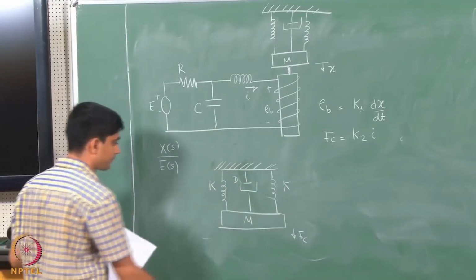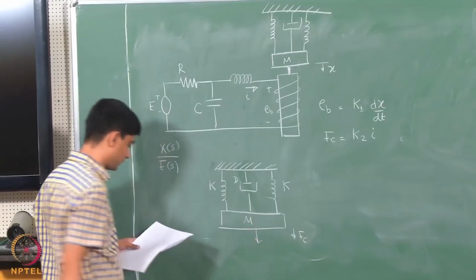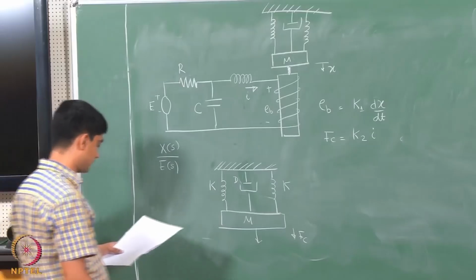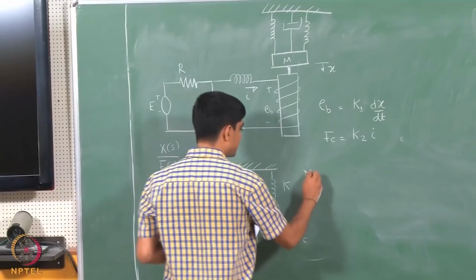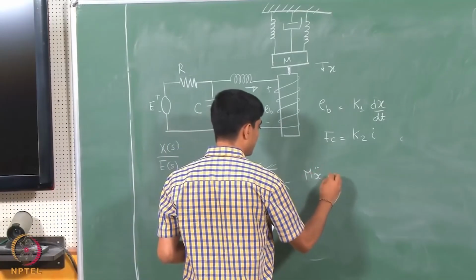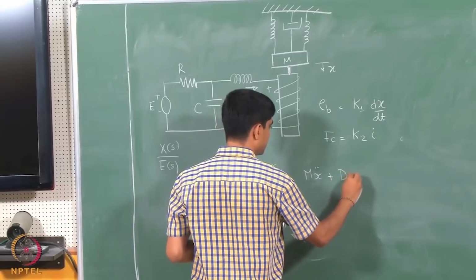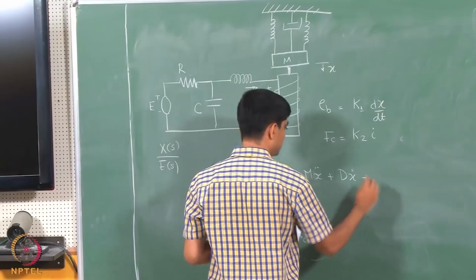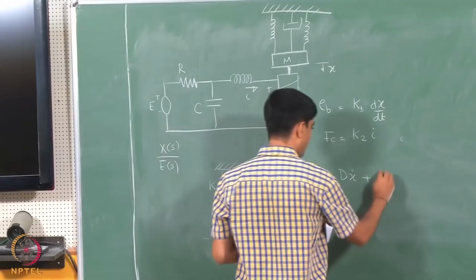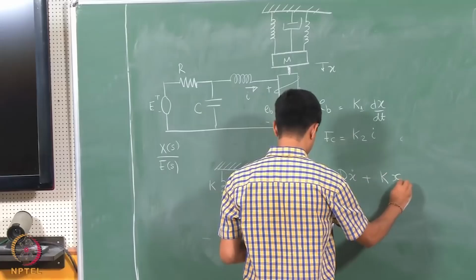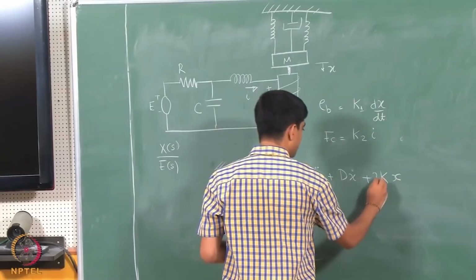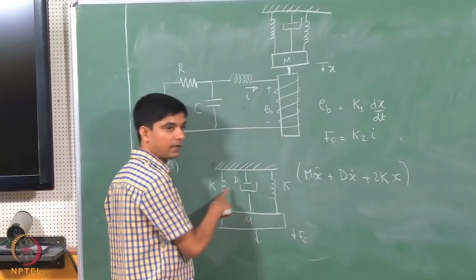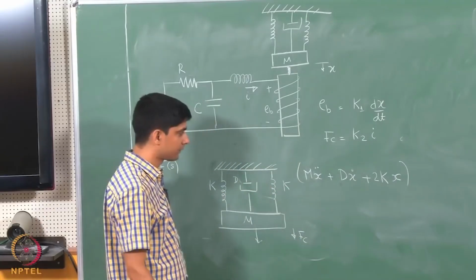Okay. So, well, I can directly write down the equations for this because I already know this, right. So, m x double dot plus d x dot plus k times x for the spring. So, you have two springs, that will be 2 k x, d is the damping and k are the spring constants.